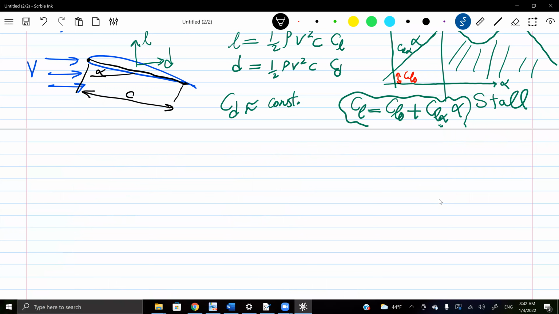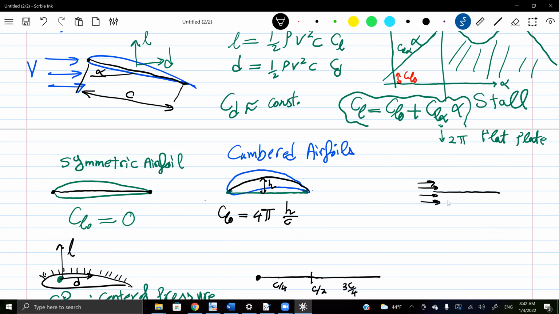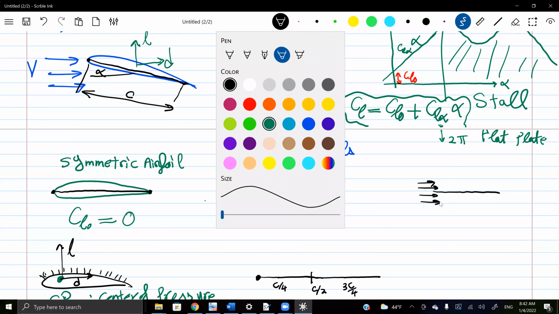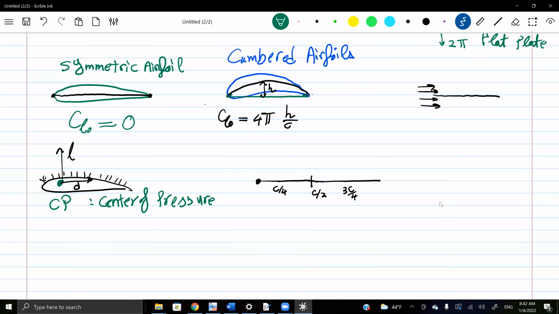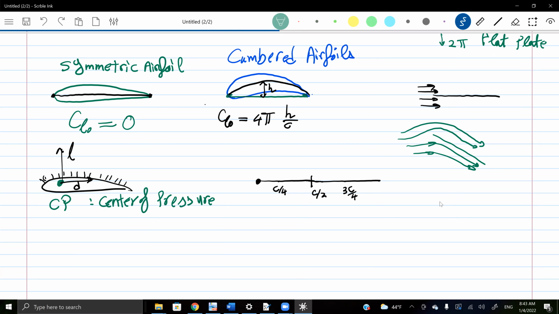But once I have my flat plate like this, the flow now will go along a curved path. I forced the flow to go along a curved path by having an angle of attack, because the flow will have to move around the body. So if it goes along a curved path, I will get a lift proportional to that curvature.